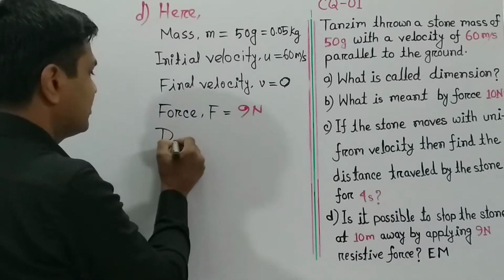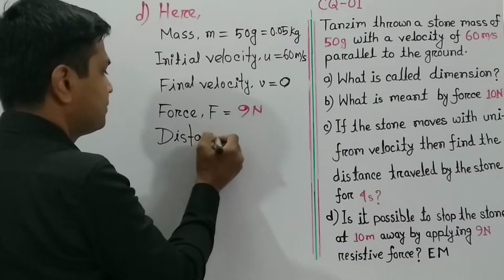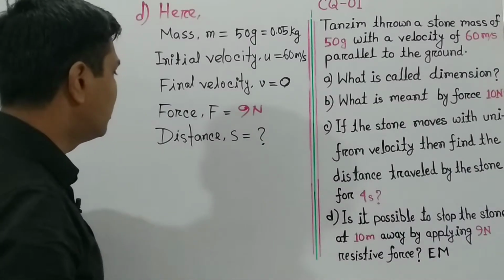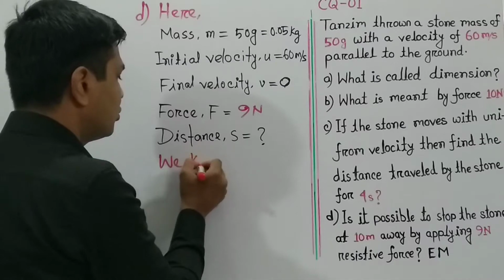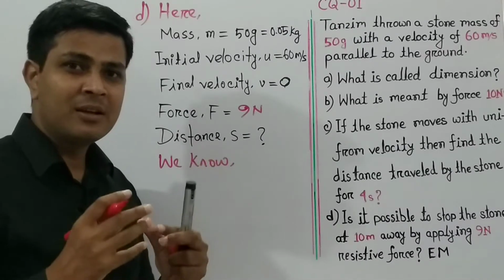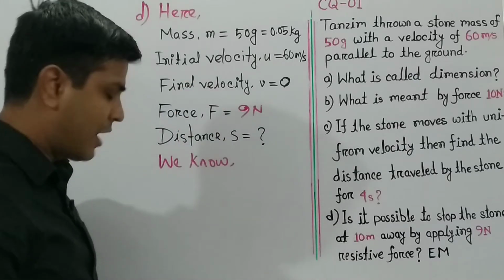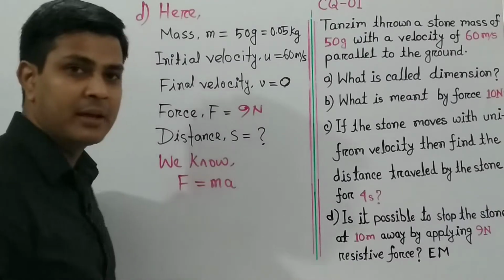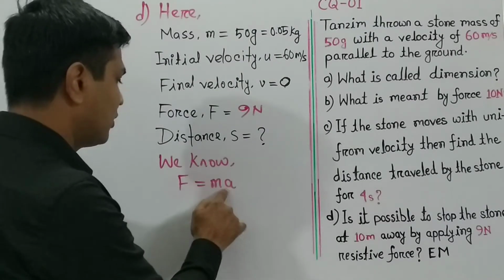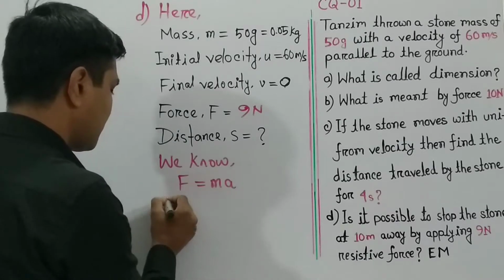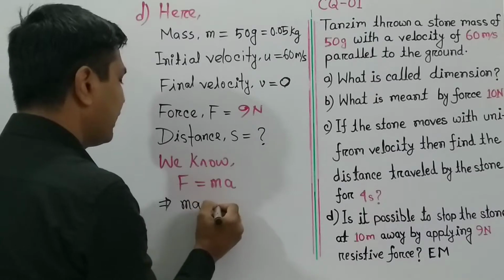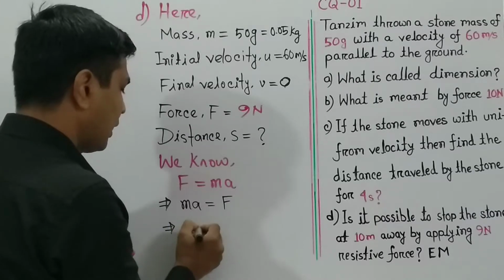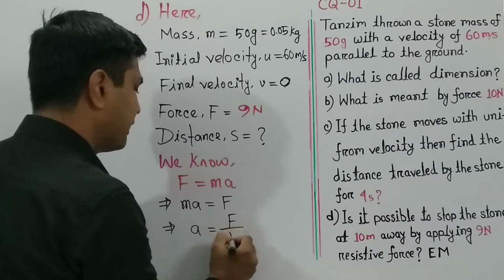So distance is S equals what? We know to calculate the acceleration by applying mass and force, we have a formula which is F equals ma. Now if you want to calculate the value of a, then we can write ma equals F. Then we can write a equals F divided by m.